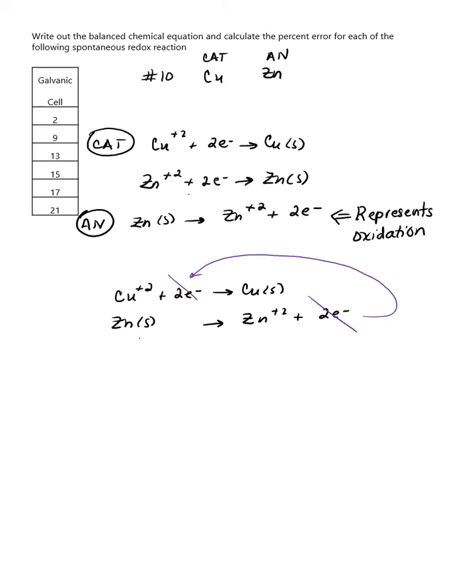So once you have your electrons cancel out, you can just add everything that is on the reactant side together. So you have copper plus 2 going to copper solid, that one is being reduced, and then you have zinc solid going to zinc plus 2.